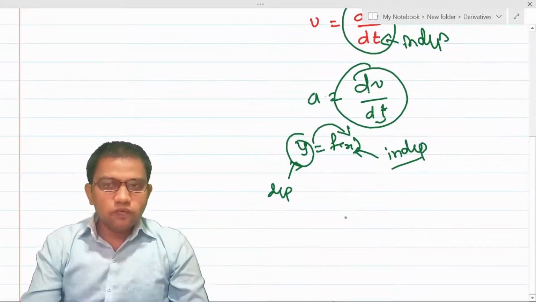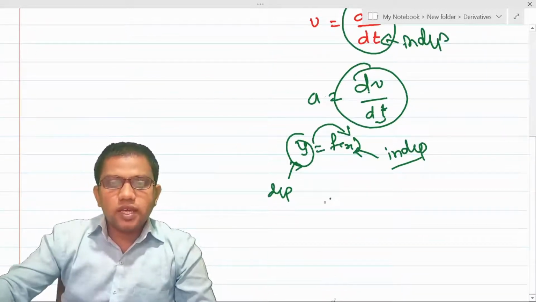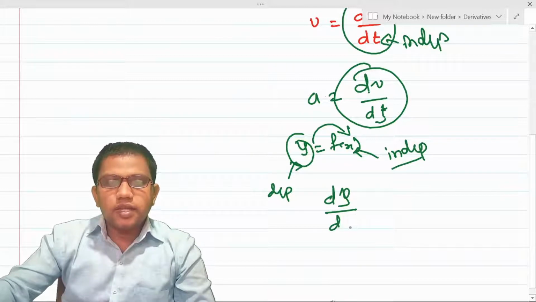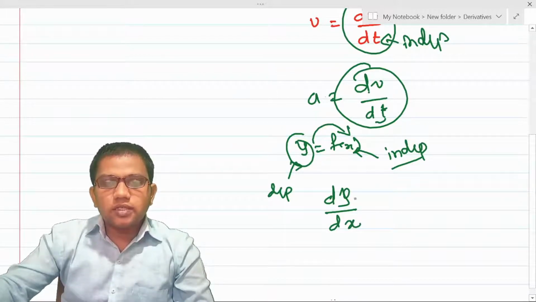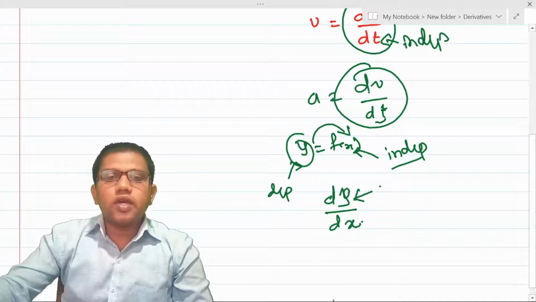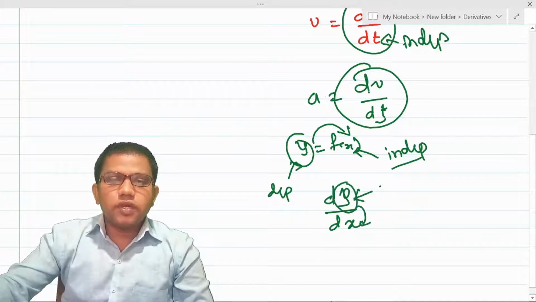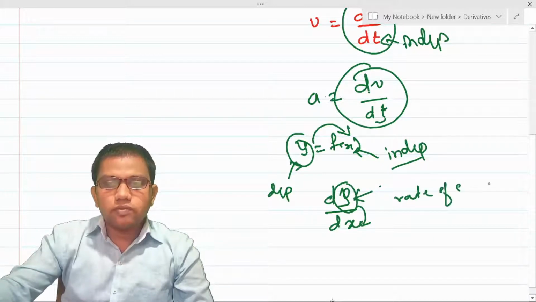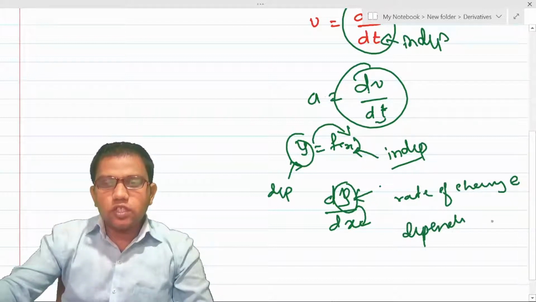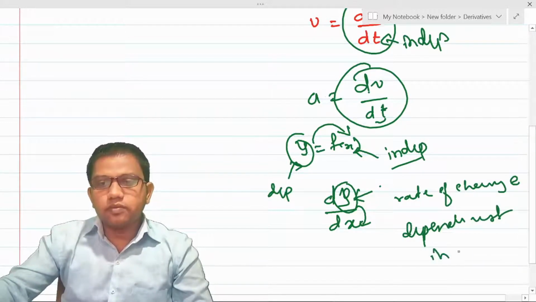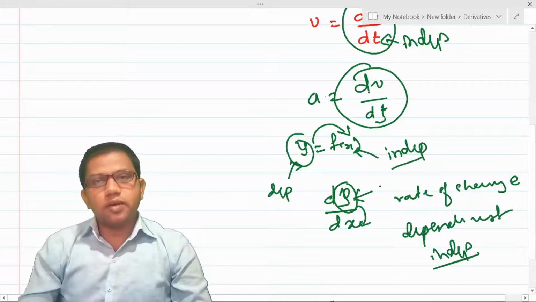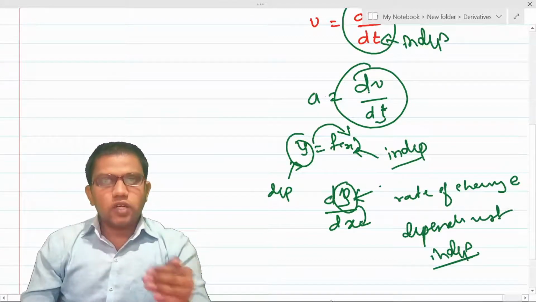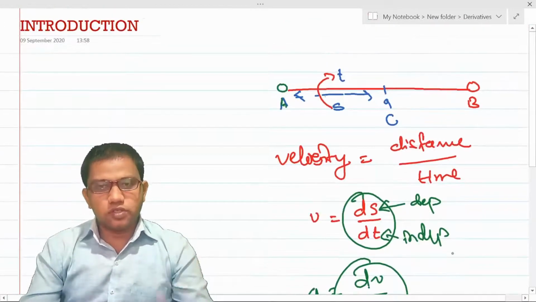Therefore, if the term dy by dx is there, we call it the derivative of y with respect to x, or the rate of change of y with respect to x, or the rate of change of the dependent variable with respect to the independent variable. This is the basic idea about the meaning of rate of change, isn't it?